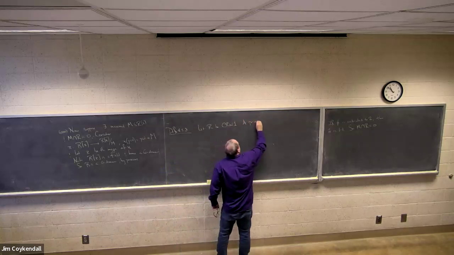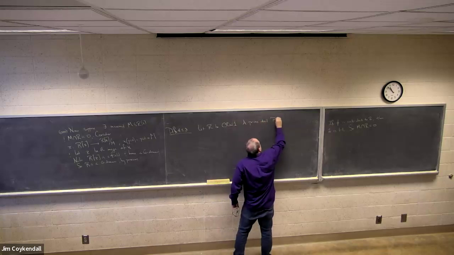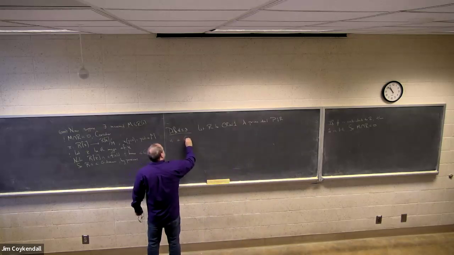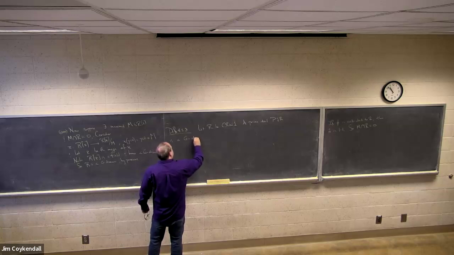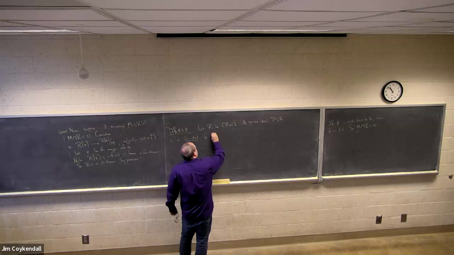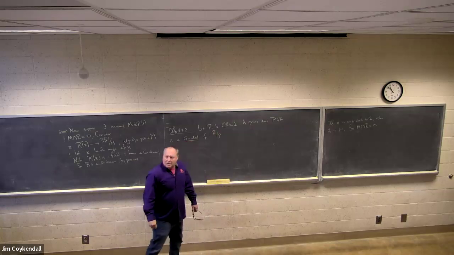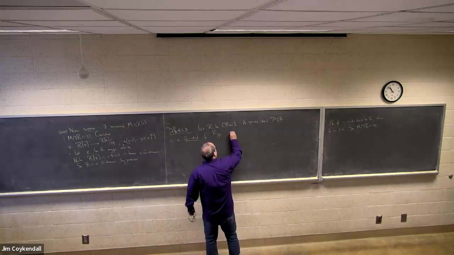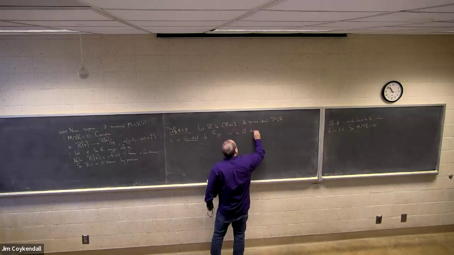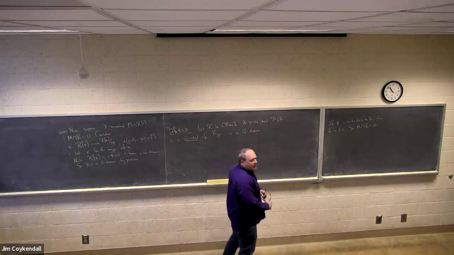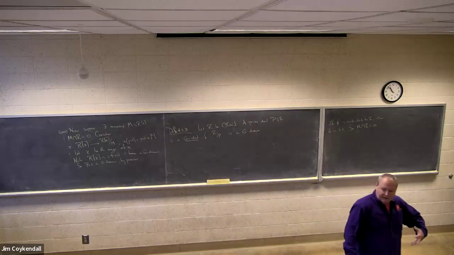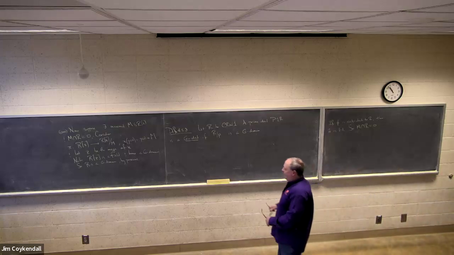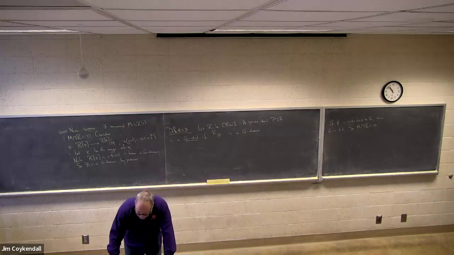A prime ideal P in R is a G ideal if R mod P, well, now R mod P is an integral domain. That gets us back to the playground we were before. So now we can talk about G ideals, and we don't need to be living in anything other than a commutative ring with identity. We say a prime ideal is a G ideal if when I quotient out by it, I get a G domain.